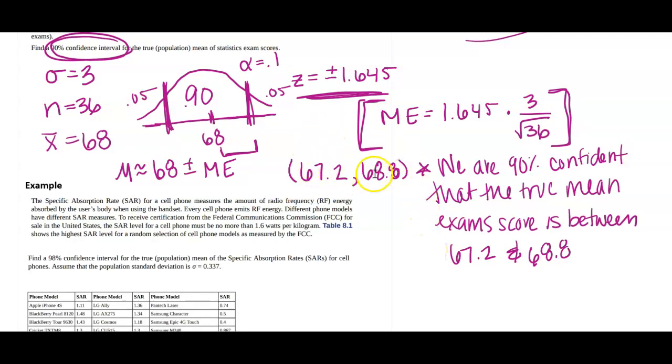Okay, so that's what this interval means. I think that the true mean is somewhere in that interval based on this point estimate with a little bit of some margin of error there.